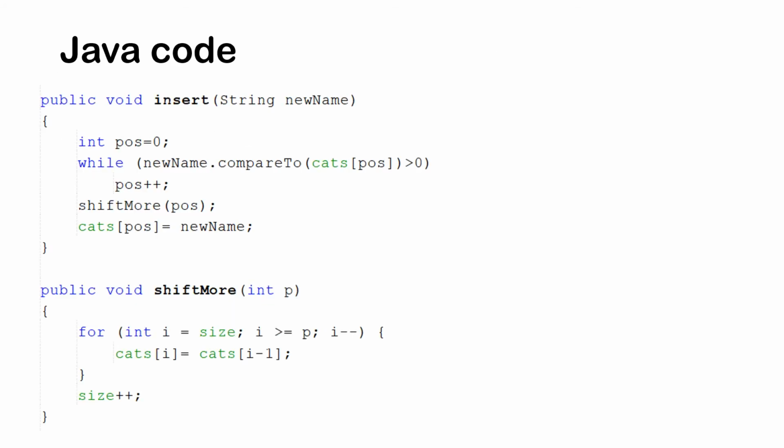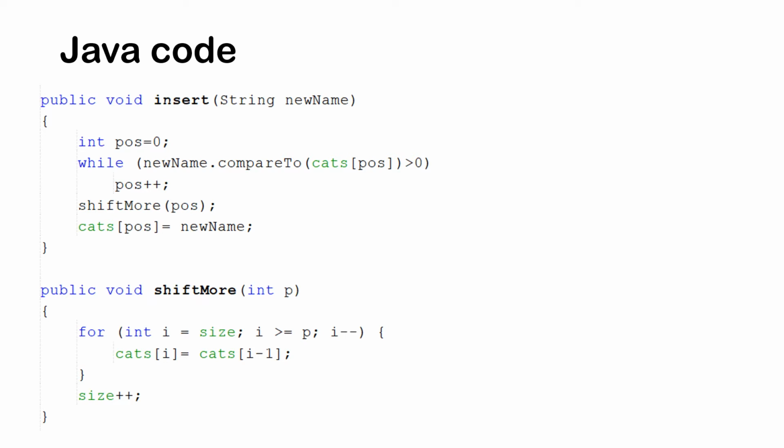Let's look at the Java code for this. We've got two methods. The second method is a little helper method. So we'll call our method public void insert, and as a parameter we have a String called newName. We're obviously inputting newName somewhere else in the front end. And so we go int pos = 0. pos is the position of where we must put the new name.